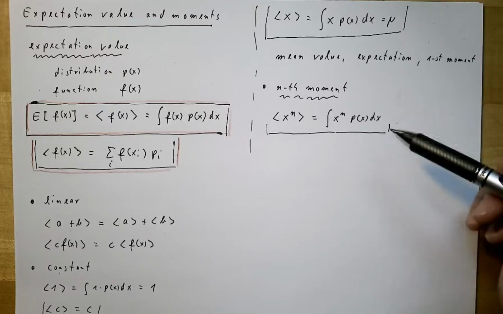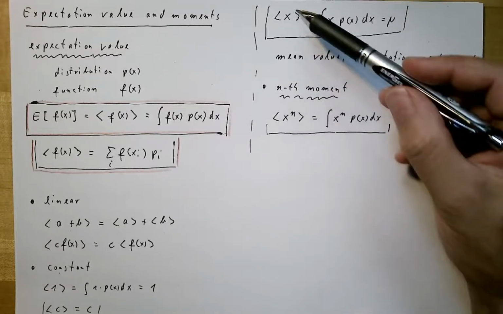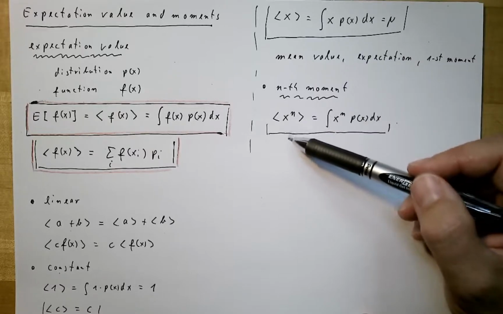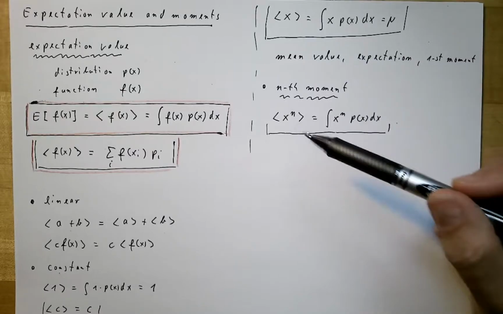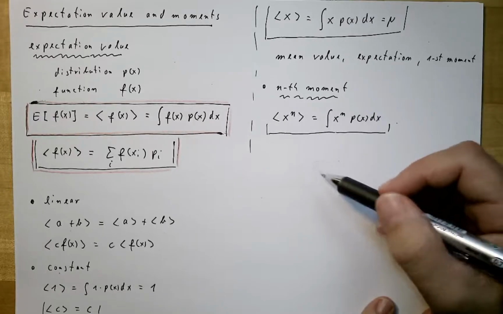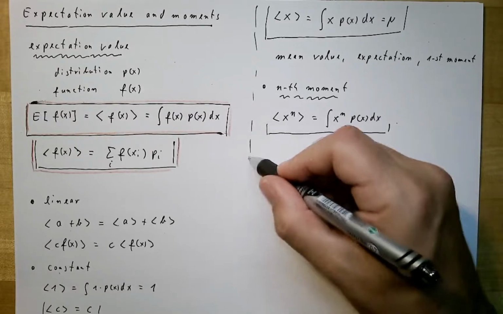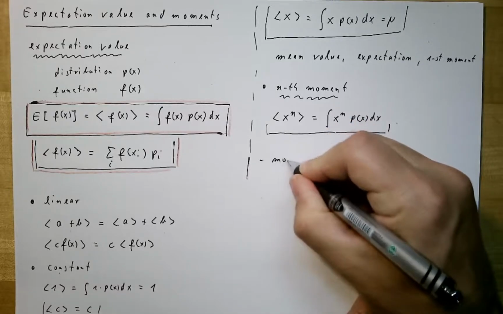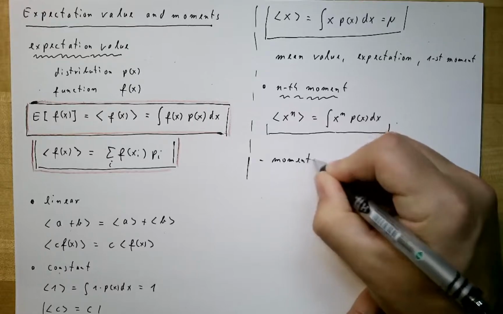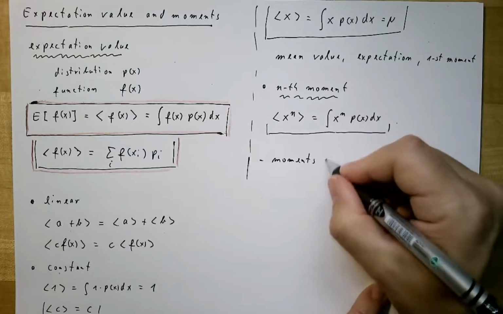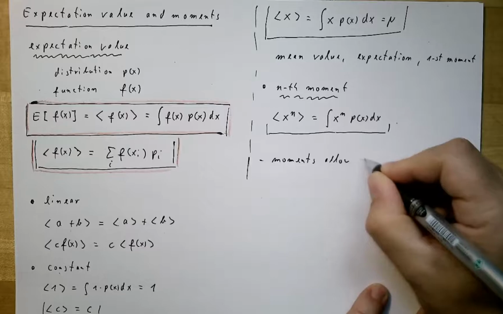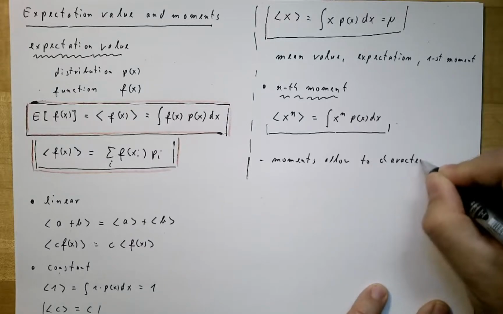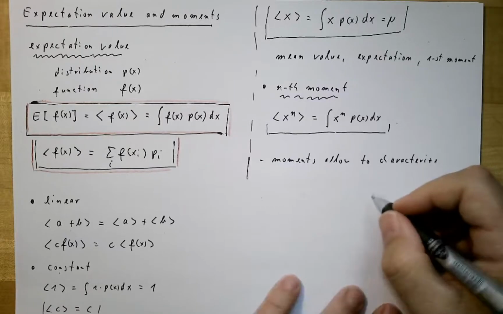And when we calculate all the moments, we have the information of all the moments. Basically, this means it's the same information as that contained in the whole probability distribution. So the moments allow to characterize the distribution.